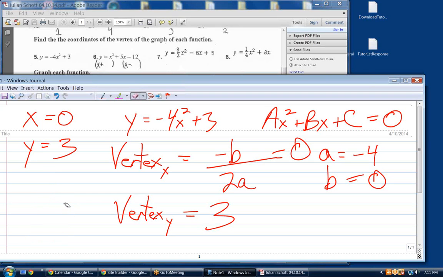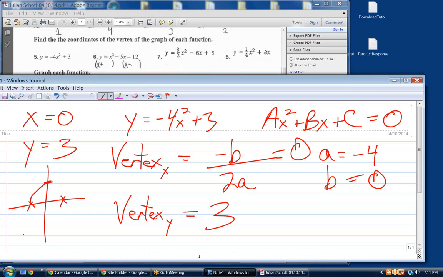Okay. Now, they did say just find the coordinates of the vertex of the graph of each function. All right. Well, they didn't really ask us to graph it. If they would have asked us to graph it, I would have started there. I know it goes down, but I kind of need these 2 points here, right?